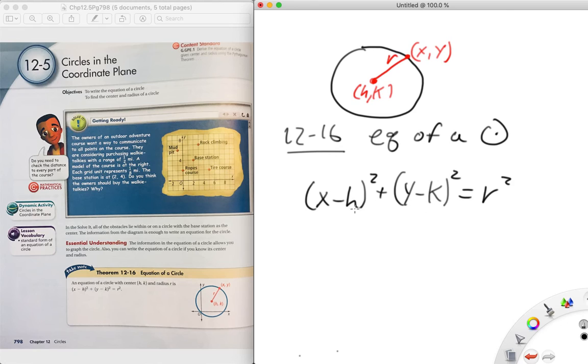This is a standard equation of a circle. (x minus h) squared plus (y minus k) squared equals r squared, where h and k is the center of the circle, and r is the radius of the circle.